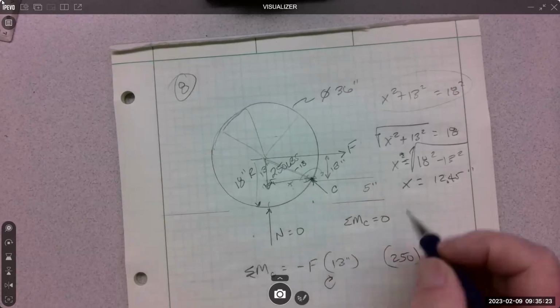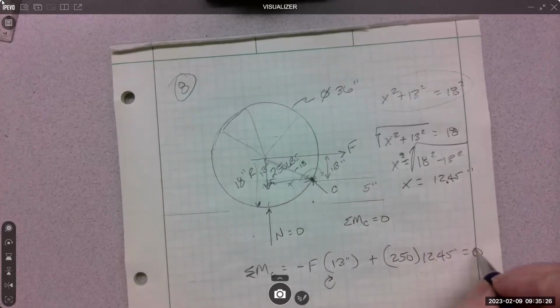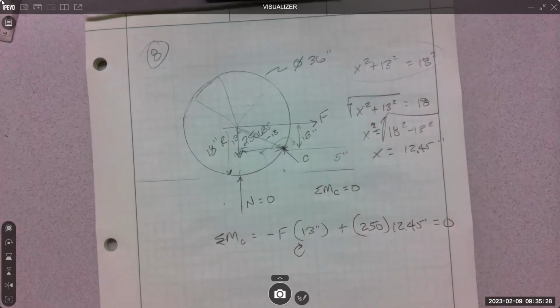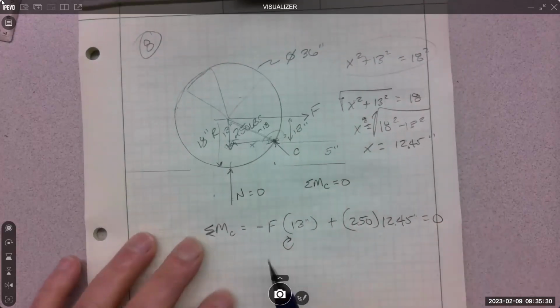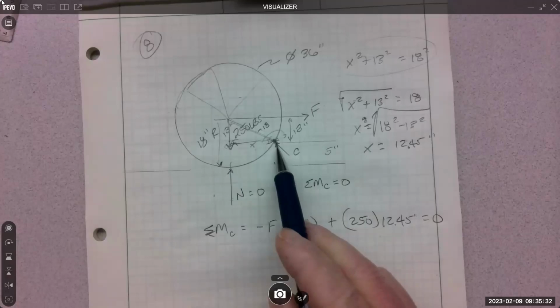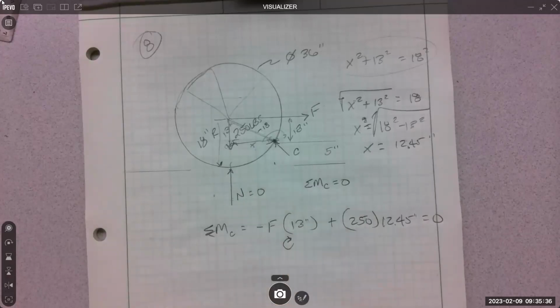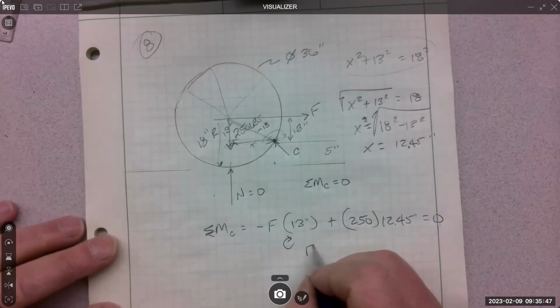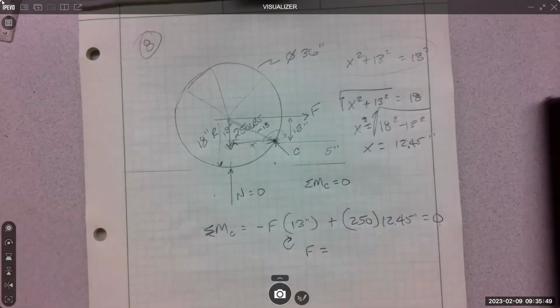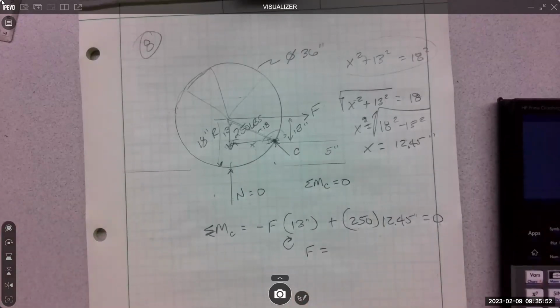And it's going to rotate the other way, plus. And I'm going to set it equal to 0. So when I set it equal to 0, I'm finding this equilibrium state around point C, ever so close before it moves. But it's not moving because I have made it static by setting the resultant of the moment equal to 0. So now I use my fancy algebra and solve for F, which is pretty easy.